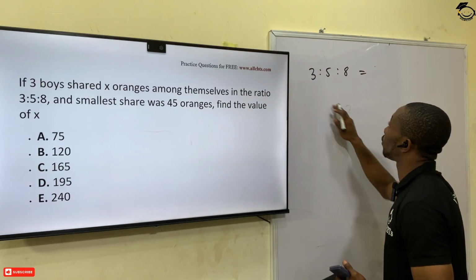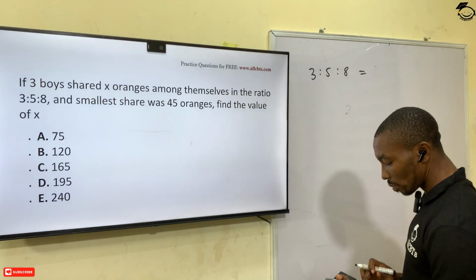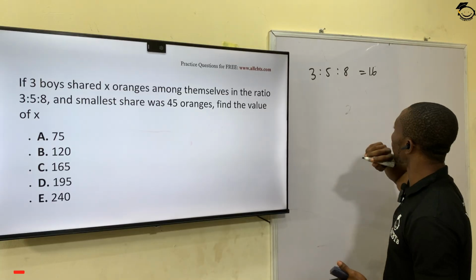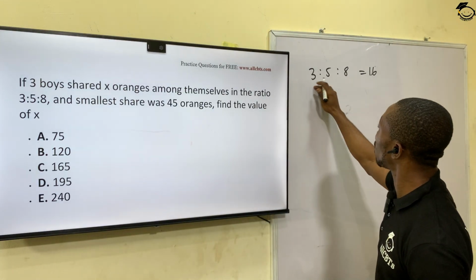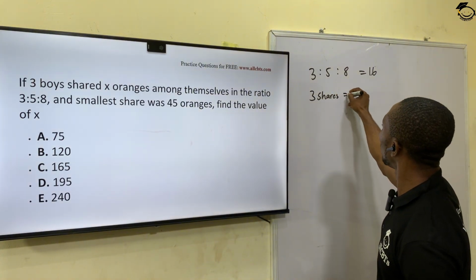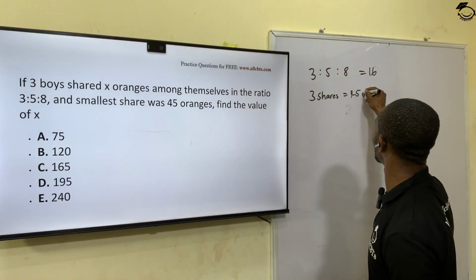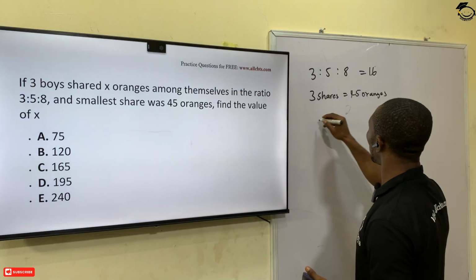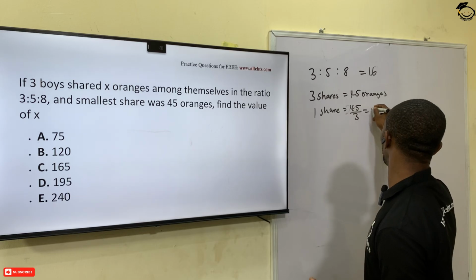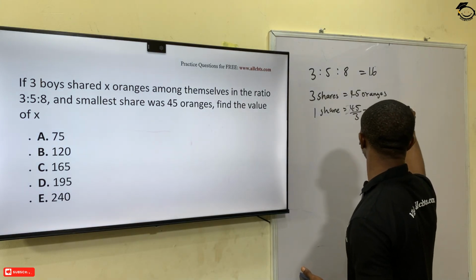The total of the ratio will be 8 plus 5 plus 3, which gives us 16. Now, if the smallest share, which is 3 shares, got 45 oranges, that means 1 share would be 45 divided by 3, which is 15 oranges.